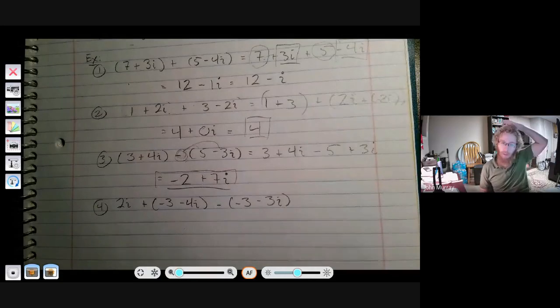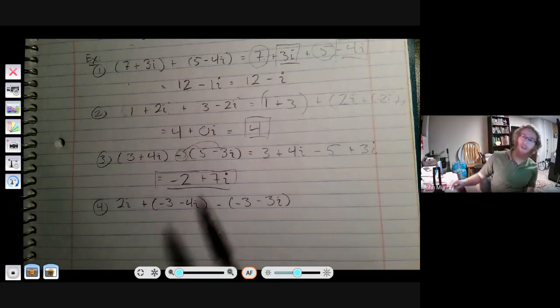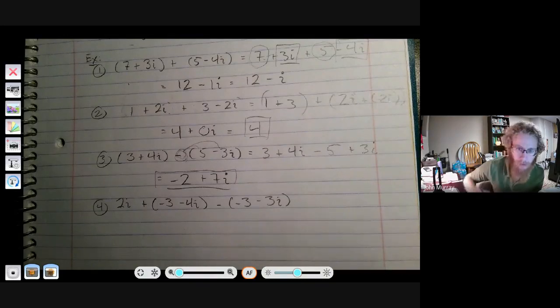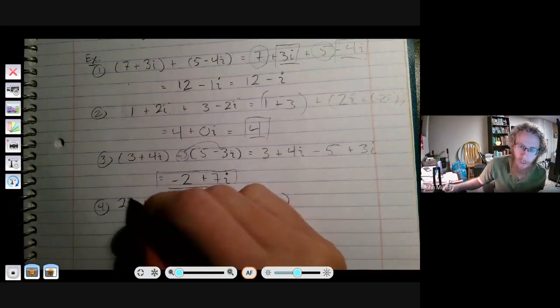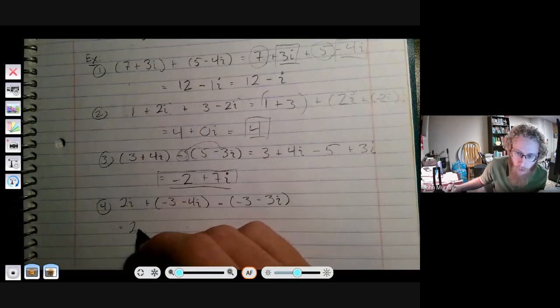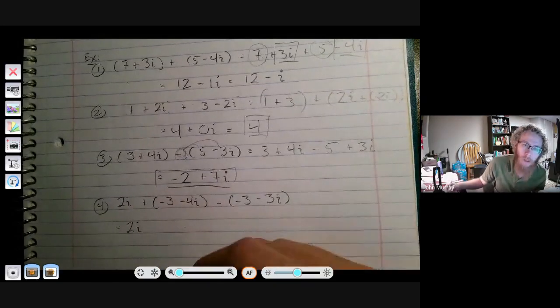All right, so now we've got 3 terms. So we're going to handle it like we did up here. We're going to distribute what we need to distribute, and then we're just going to combine like terms. All right, so I want to get rid of these parentheses. Well, this is a pure imaginary number, but there's nothing I can do with that right now, so I'm just going to rewrite it as 2i.